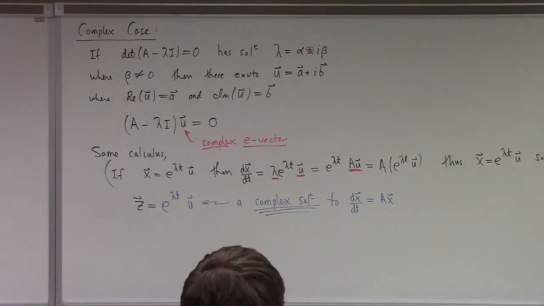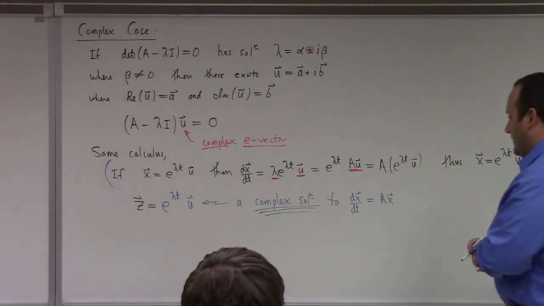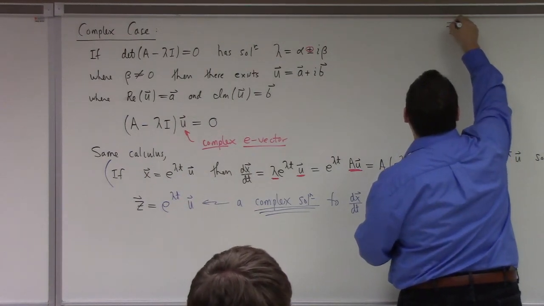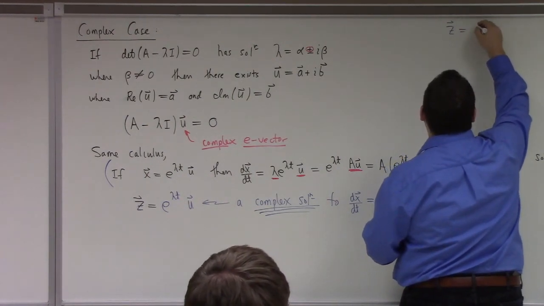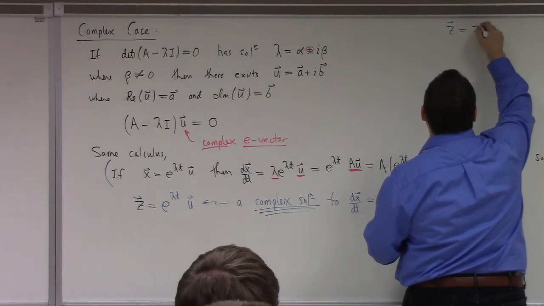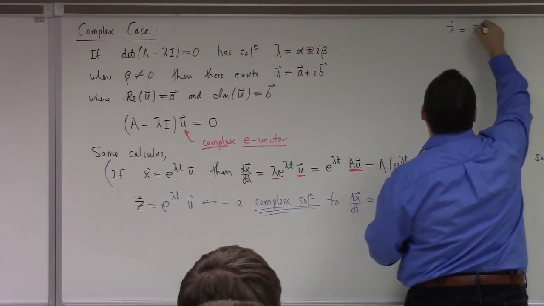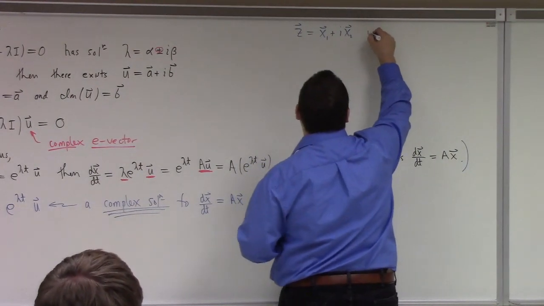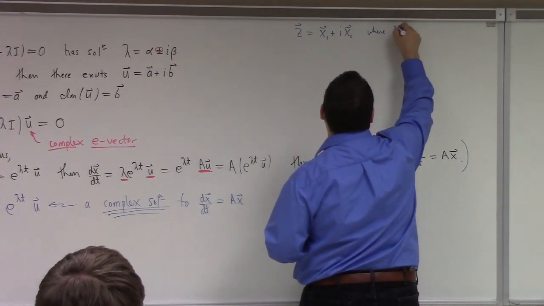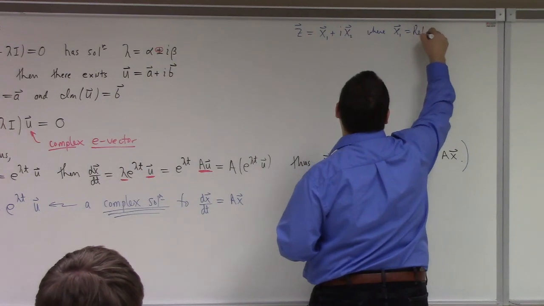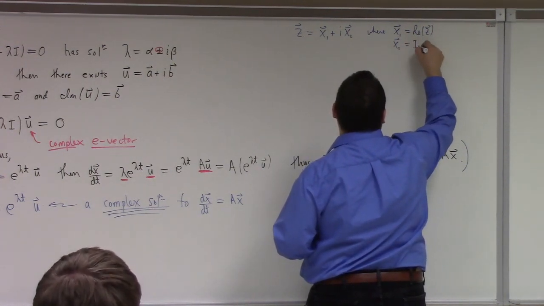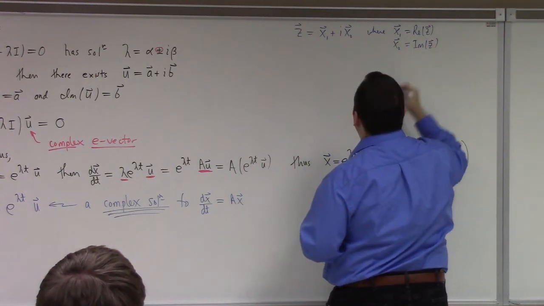And that's fine because the calculus is really friendly to us here. You notice that if z is equal to x1 plus i times x2, where x1 is the real part of z and x2 is the imaginary part of the z solution.